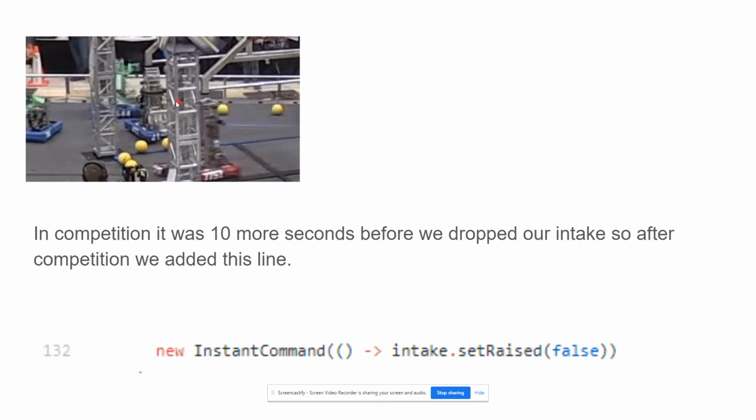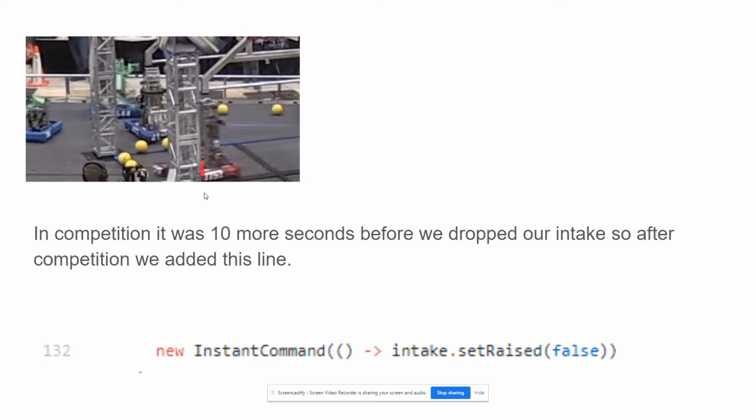The next key thing is that we found that after the autonomous, our driver would then take over, and in teleop would move into this position and intake the balls. And you can see our intake is still up. According to our video play-by-play afterwards, it took an average of 10 seconds for us to get that intake down to be able to suck up the ball. So after our Georgian competition, we decided that's ridiculous.